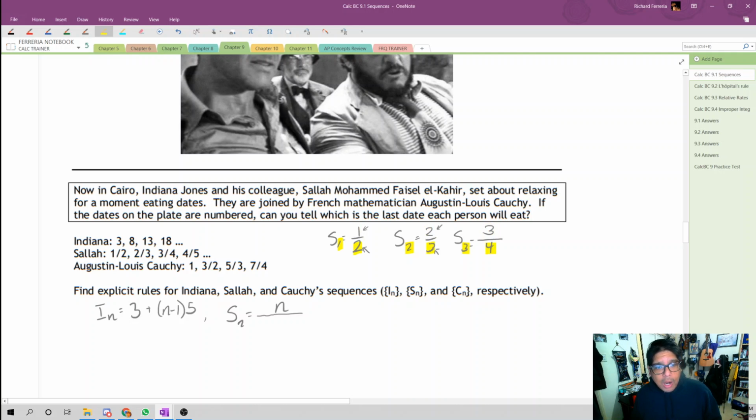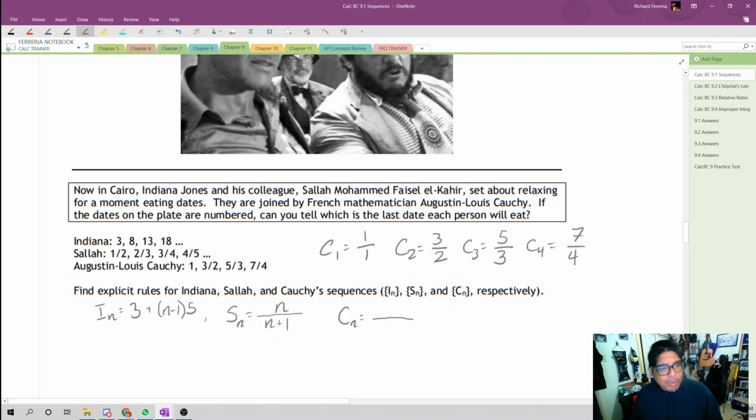Now we look at the denominators, and we see that the denominator is always the index number plus 1. So 3 plus 1 is 4, 2 plus 1 is 3, 1 plus 1 is 2. So we make our denominator n plus 1, one more than whatever number is in the index. So that's neither arithmetic nor geometric.